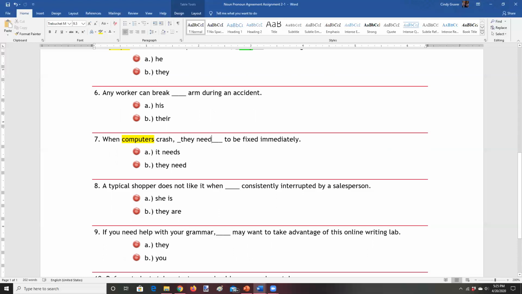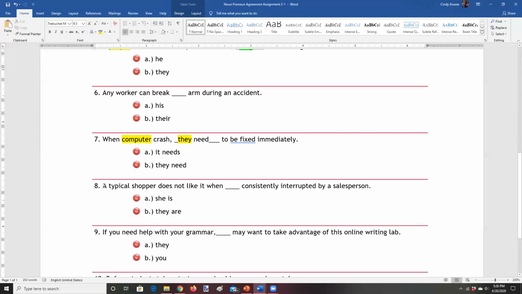So when computers crash, they need to be fixed immediately. When a computer crashes, it needs to be fixed. Right, so we're just going to go back to the original form. And so just remember that when you're changing pronouns around, if they're the subject of the sentence, you sometimes have to change the verb, especially if it's in present tense.